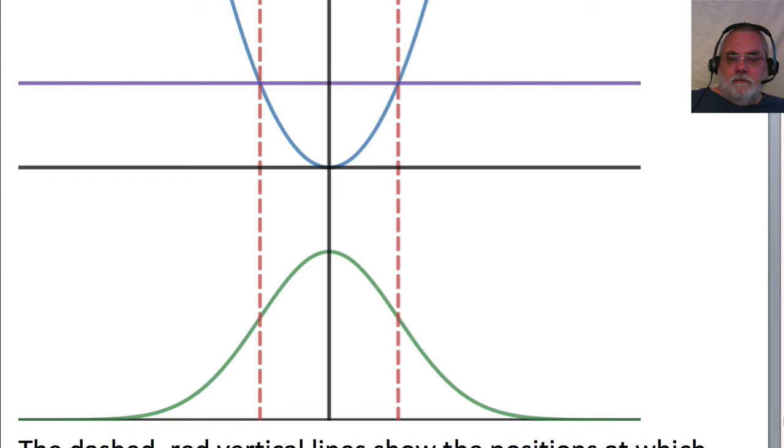This green curve is the energy eigenfunction for the ground state energy for the simple harmonic oscillator. Note that it has non-zero value outside of the dotted red lines.